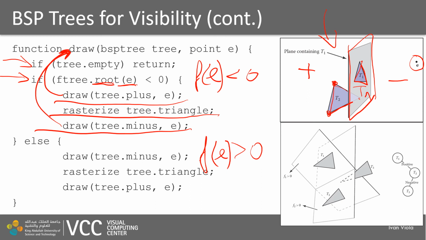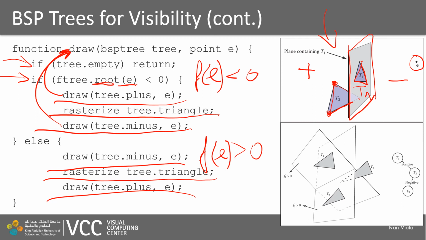And here then, what we need to do? Well, again, we need to draw everything which is behind that plane. Then we rasterize the triangle which is within that plane. And then we draw everything in the positive part of the partitioning.